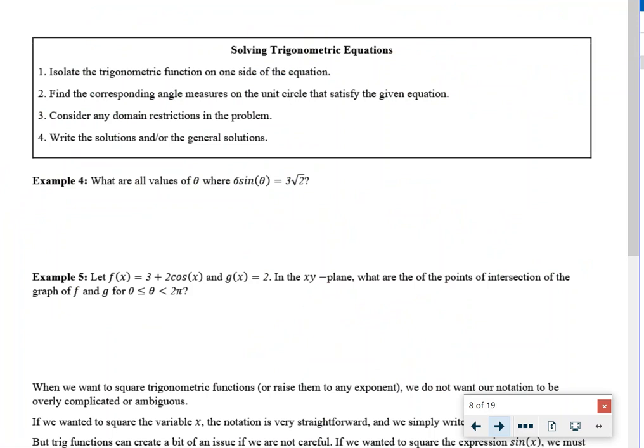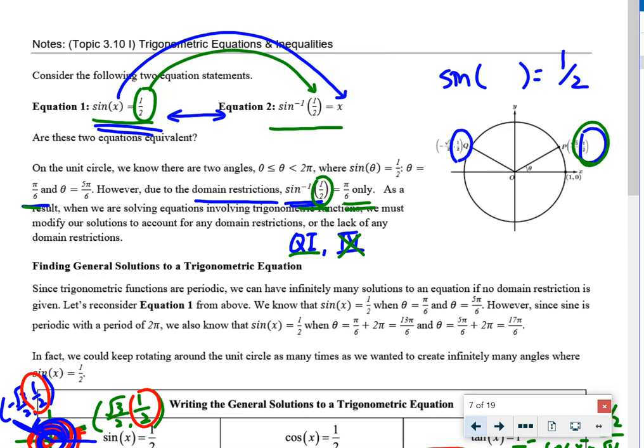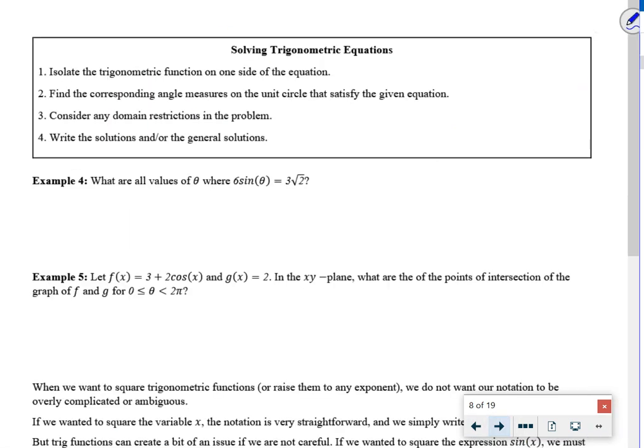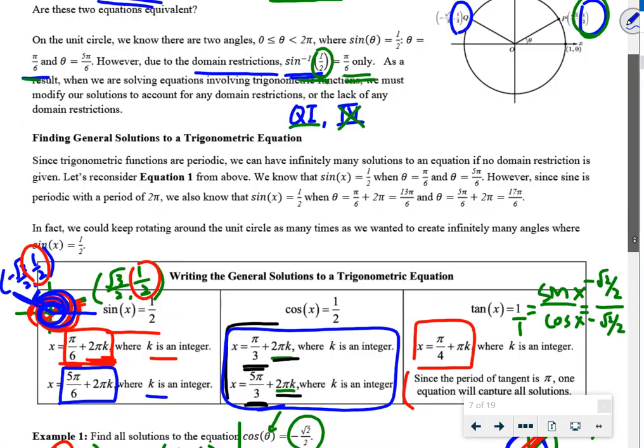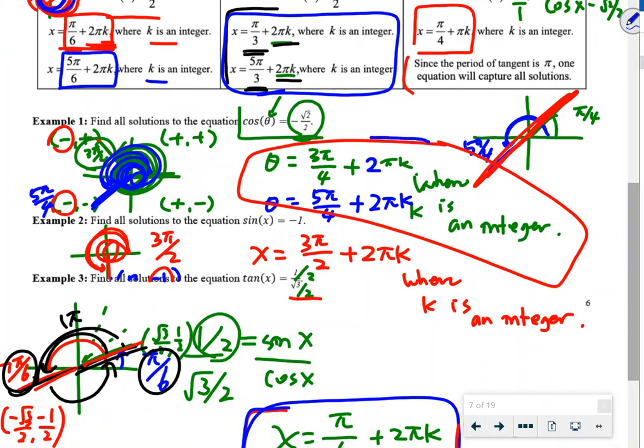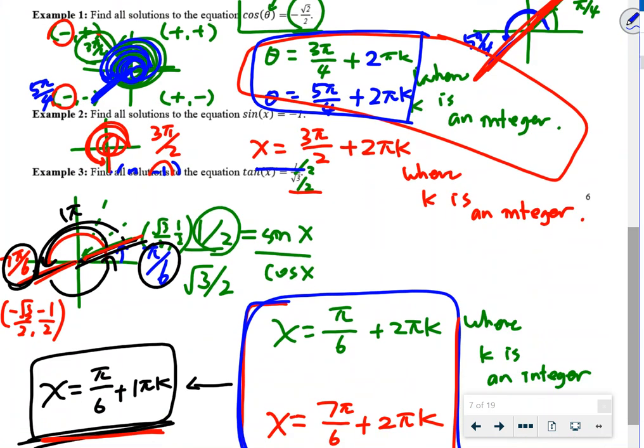This is the process to solve trig equations. When you see general solution, I was putting my answers in general solution. So these are general solutions. When you have 2 pi k or 1 pi k, this is called general solution.